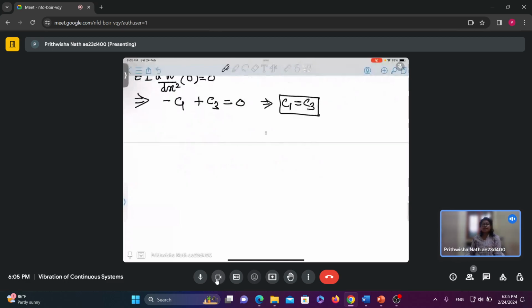I can use another condition, that is EI W triple prime at 0 equals minus of K1 W at 0.